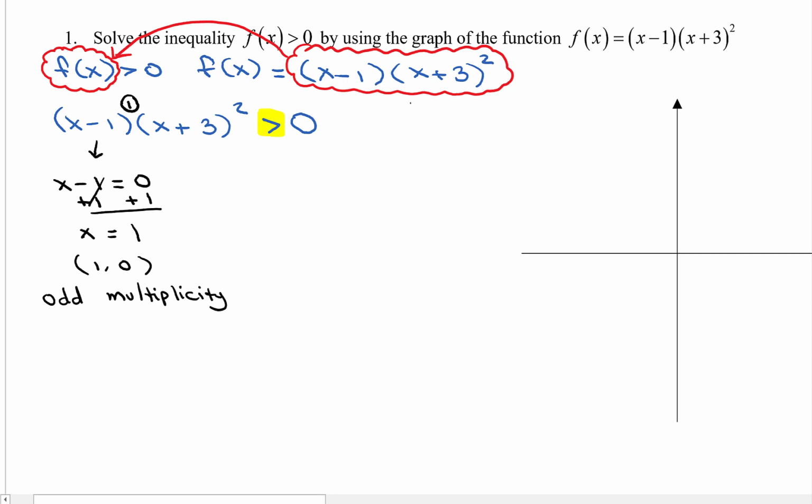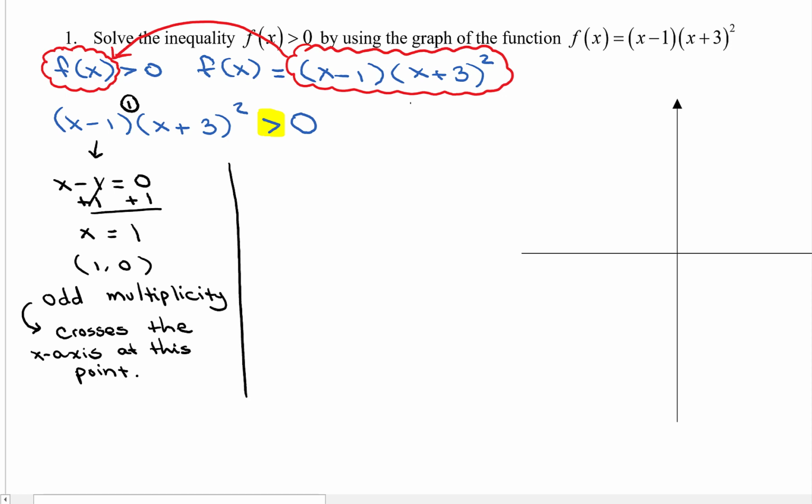And that means that at this x-intercept, something's happening. What does that mean when you have odd multiplicity? Do you remember? We talked about this in a previous section. This means that it's going to cross the x-axis. The function is going to go across the x-axis at this point. So that's what odd multiplicity of a factor means.